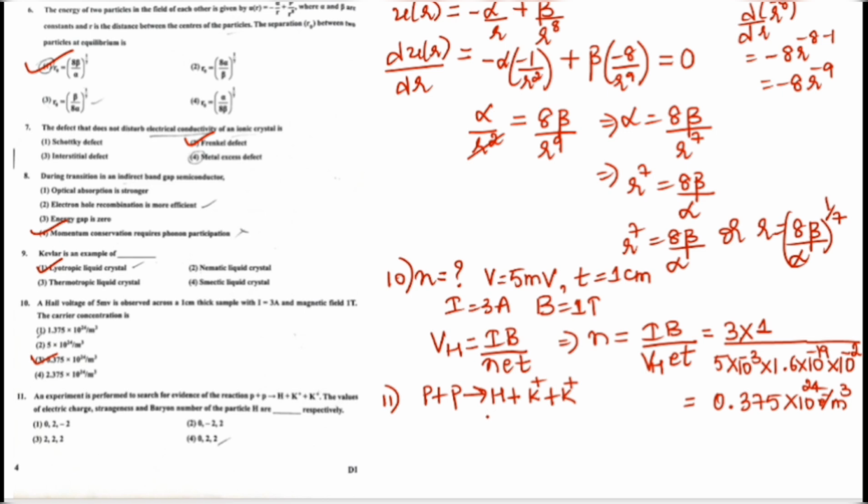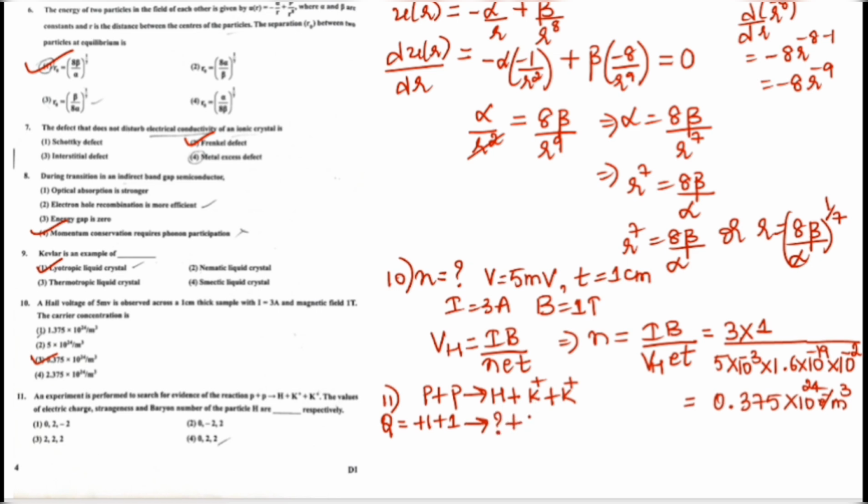What they have given? The electric charge Q, which is equal to, I think they have given in the question whether the reaction is conserved or not. I'll go with the reaction is conserved, that is, reaction is allowed, and I'm going to solve by taking this reaction is allowed. So the charge of a proton, we know it is positive one. We don't know this. What is this H? I'll give the question mark for this.